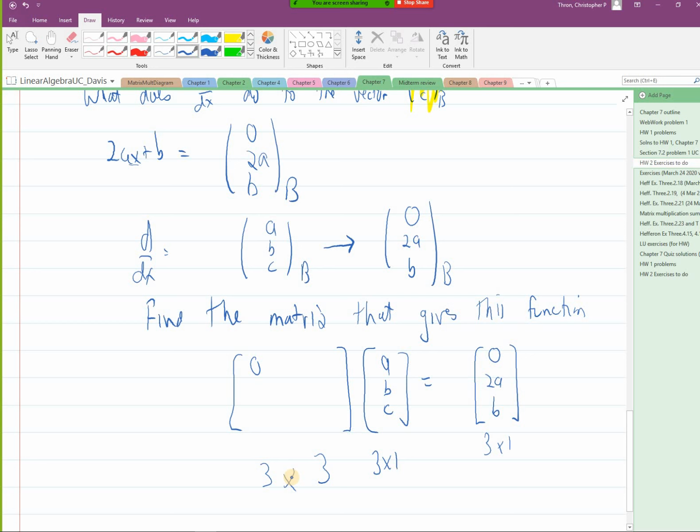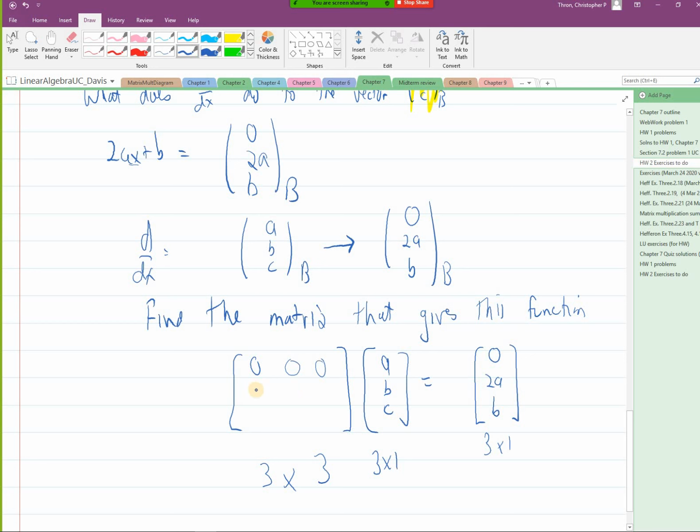Okay, now take this one at a time. This top entry here comes from the top row here times this vector, all zeros. So they're all zeros. What about the second row? It's only going to have the first element of the column.